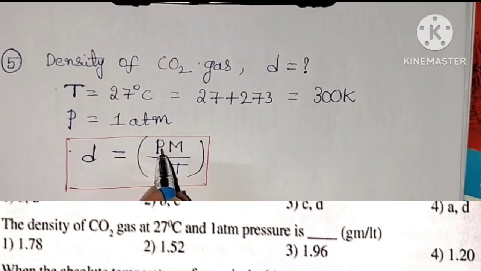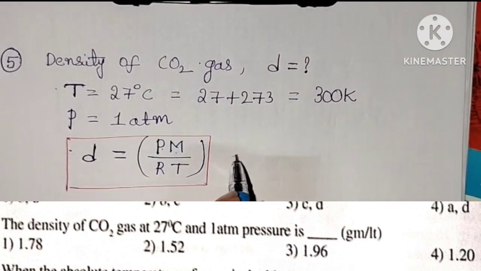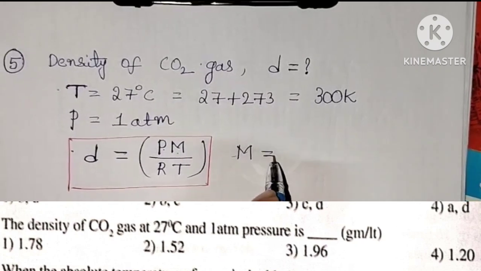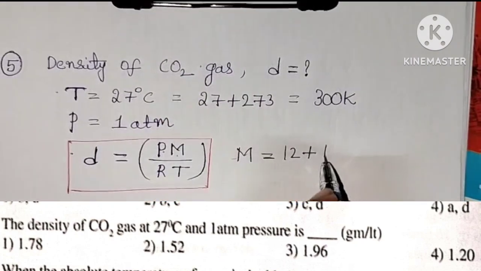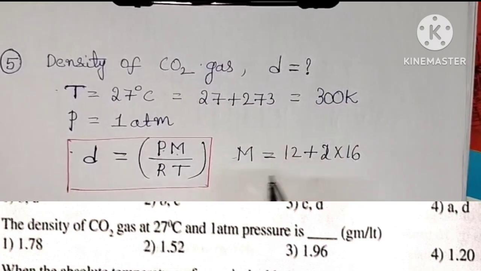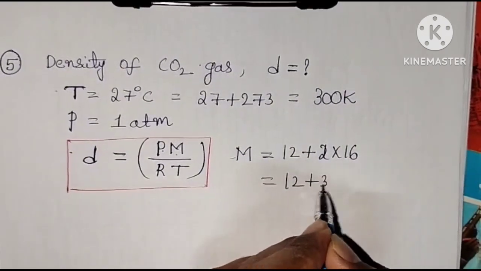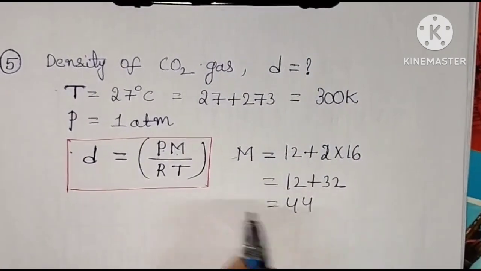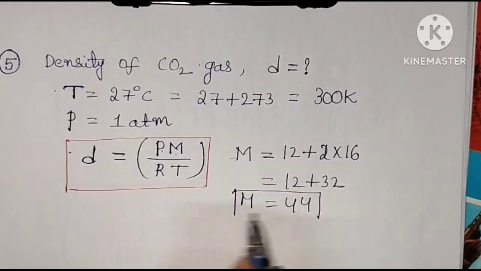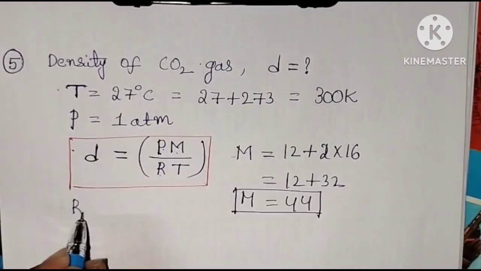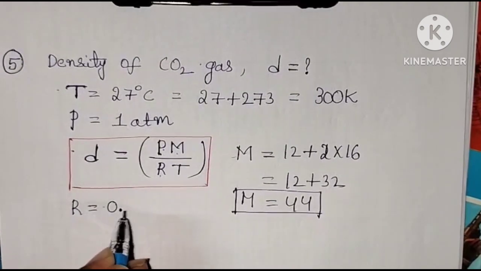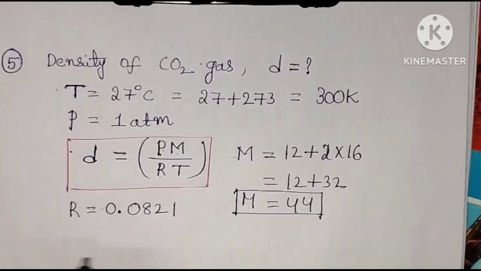So here P is pressure and M is the molecular weight of the given gas. So molecular weight of CO2, how much? Carbon 12, 2 oxygen, so 2 into 16, 12 plus 32. So you will get 44. Molecular weight is 44. And P is 1 atmosphere and R, universal gas constant, R is equal to 0.0821.